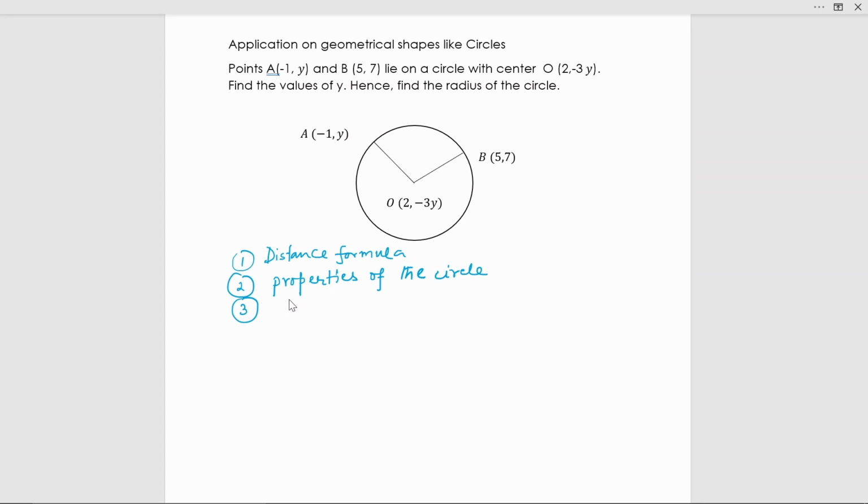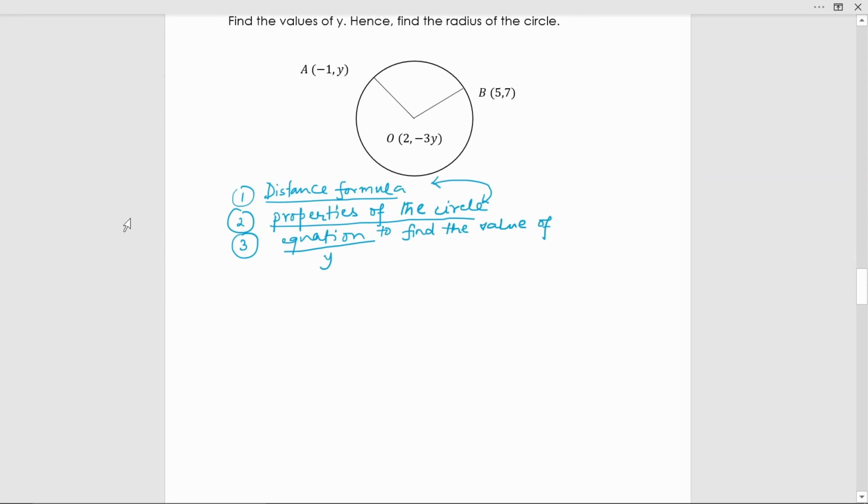And number 3, we have to use the equation to find the value of y. And how will we frame this equation? Basically, we'll frame the equation by taking the first two steps, that is the distance formula and the properties of the circle. With these two, we will frame the equation to find the value of y. Let's start step by step.